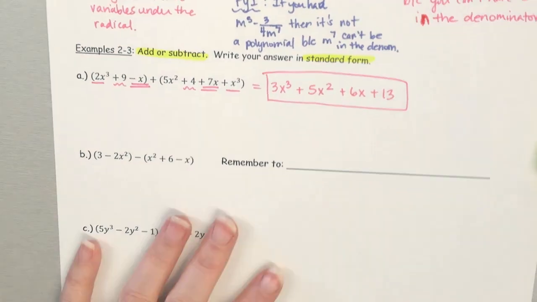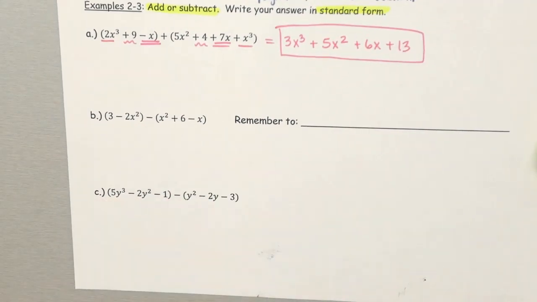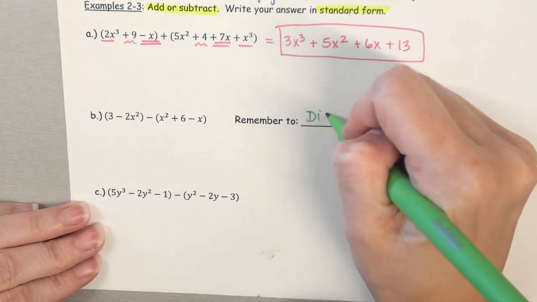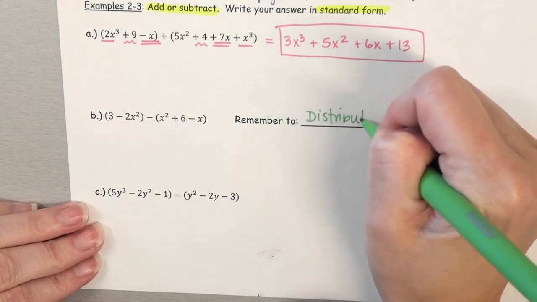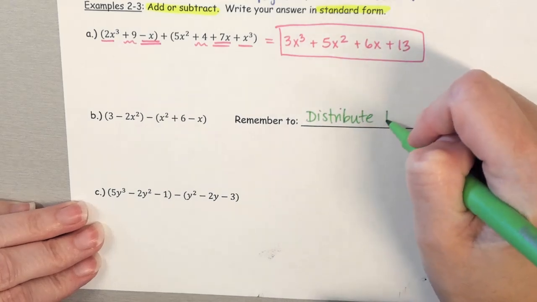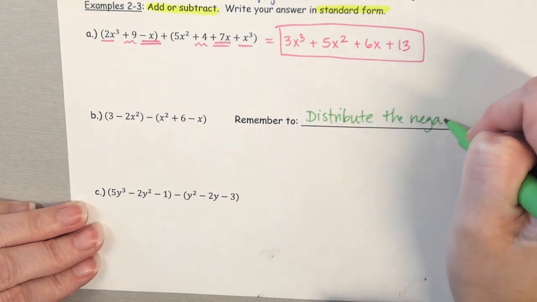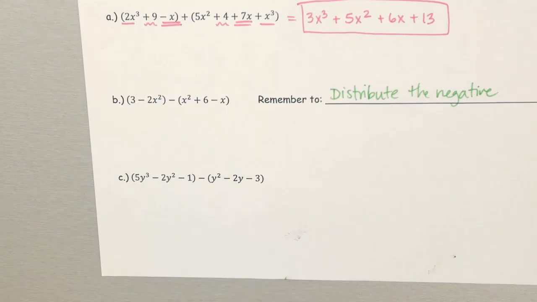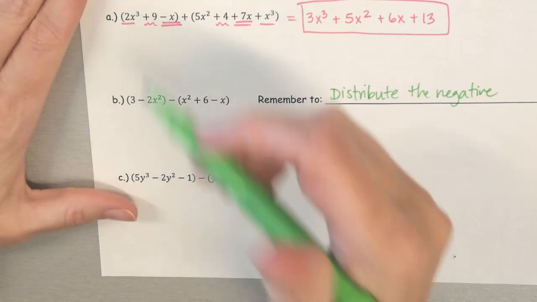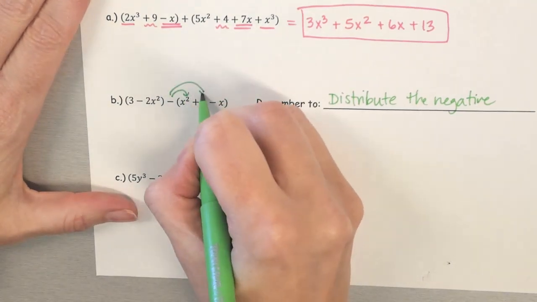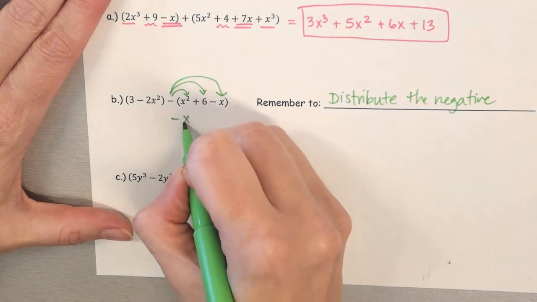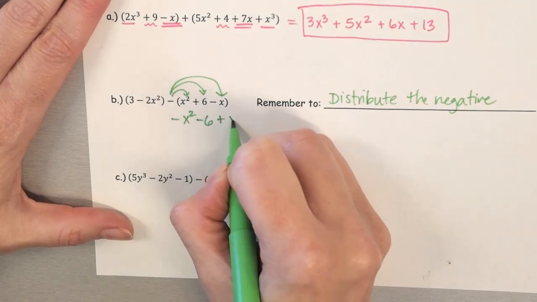Right, now when you have subtraction, you have to remember to distribute the negative. So I'm a visual person and I like to write out what the distribution is going to be. Some of you may be very comfortable and very good with not writing it out and just doing that part in your head, and that's fine.